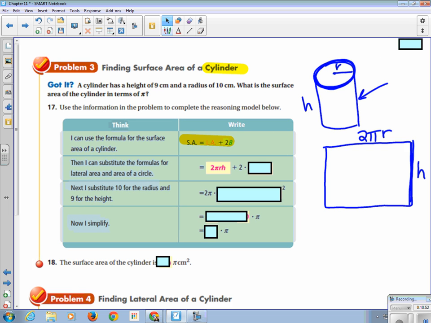So the area of your lateral surface, of your lateral area, is going to be 2 pi r times h, base times height. And then what is the area of circles? It is just pi r squared.